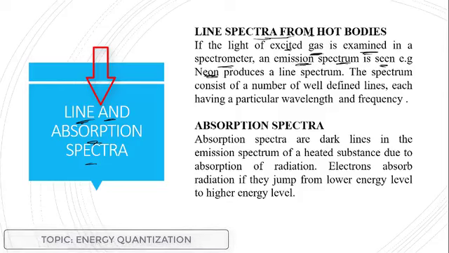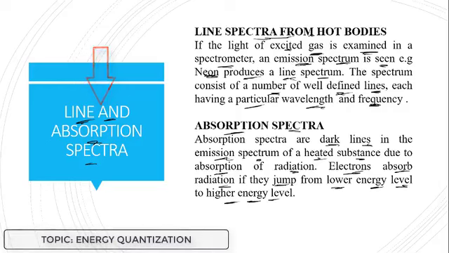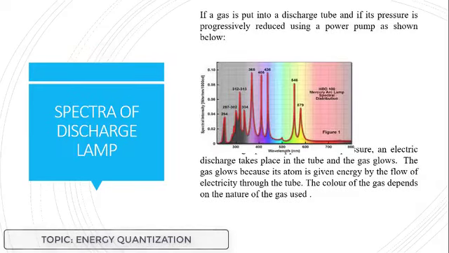A gas like neon produces a line spectrum, consisting of a number of well-defined lines, each having a particular wavelength and frequency. Absorption spectra, on the other hand, are dark lines in the emission spectrum of a heated substance due to the absorption of radiation. Electrons are able to absorb radiation if they can jump from lower energy levels to higher energy levels.